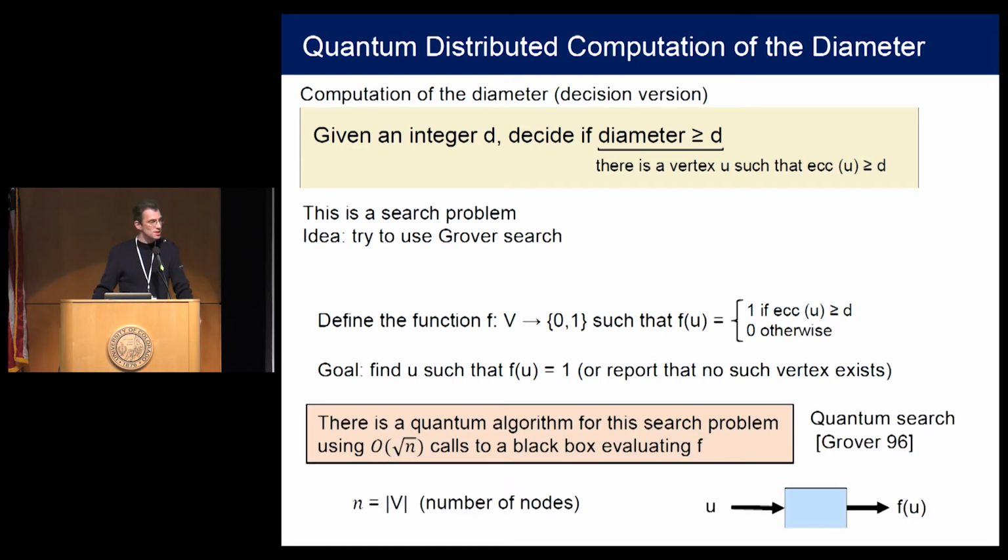And we know how to do this using Grover search. Grover search tells us that there is a quantum algorithm that solves this problem with square root n calls to a black box evaluating the function f. And n here is the number of nodes of the network.